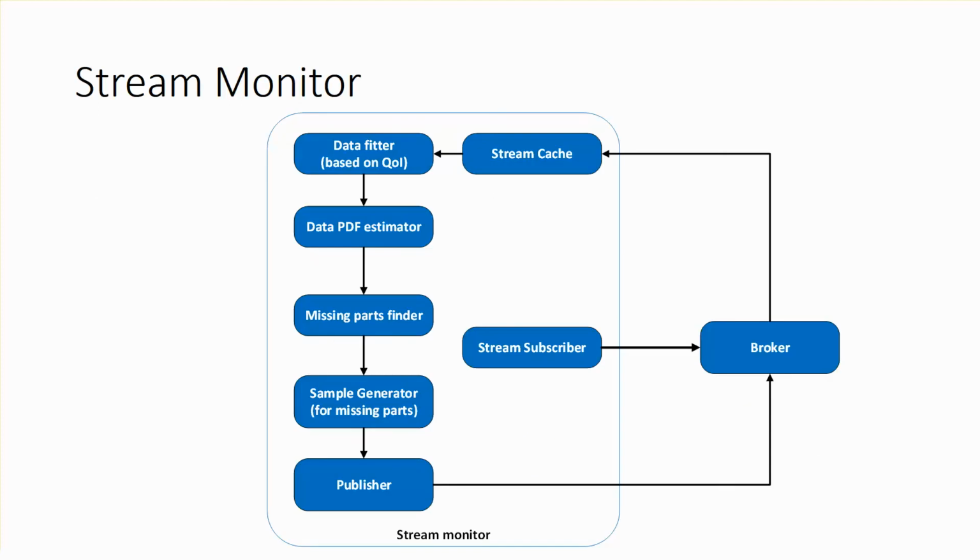Here's an illustration of the process where the stream monitor has a subscriber subcomponent which subscribes to the broker and then is notified with the stream observations from the streams that it is subscribed to, and then applies data imputation based on whether there is missing data or not from the stream.